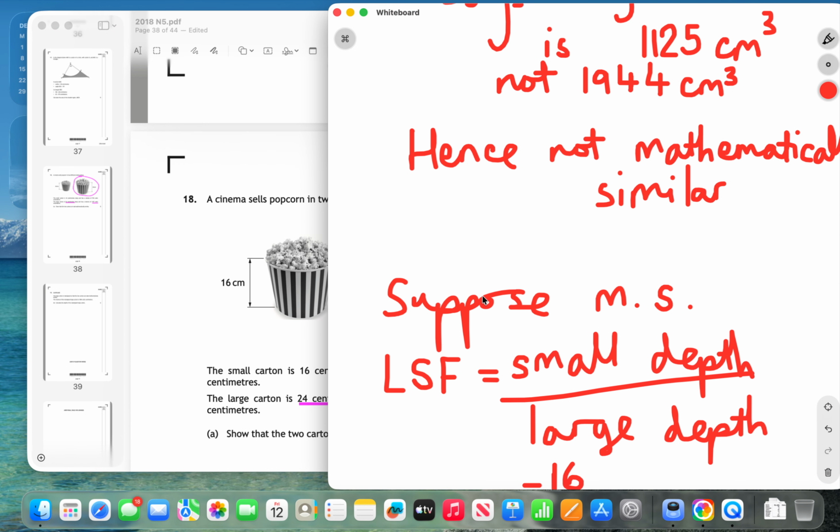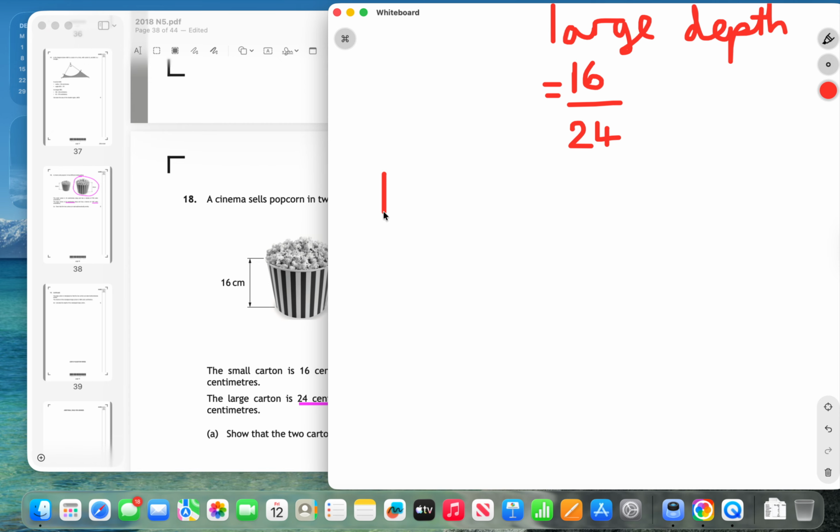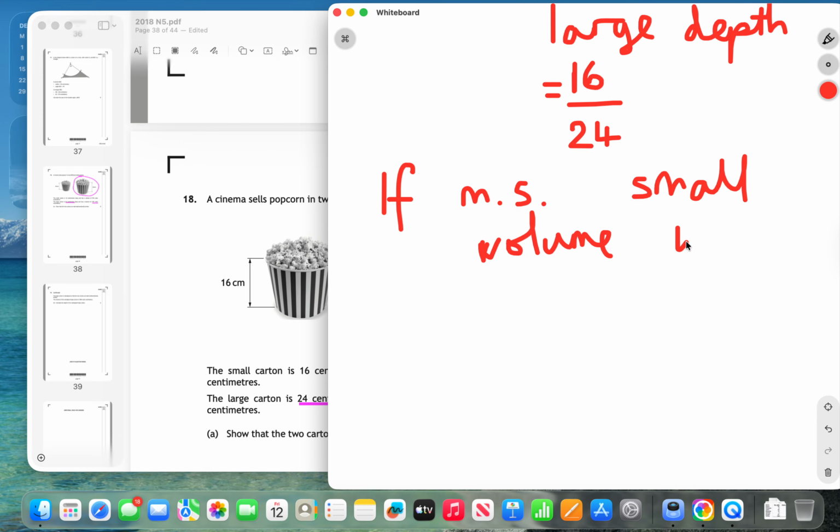And we then want to find, if mathematically similar, the small volume would be, and we take the 16 over 24. Again, this has to be cubed.